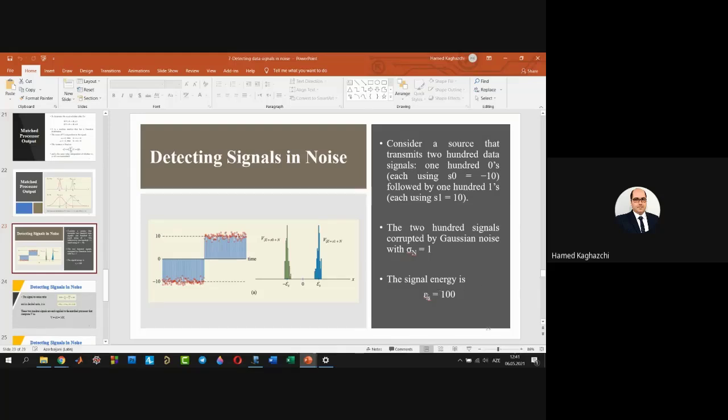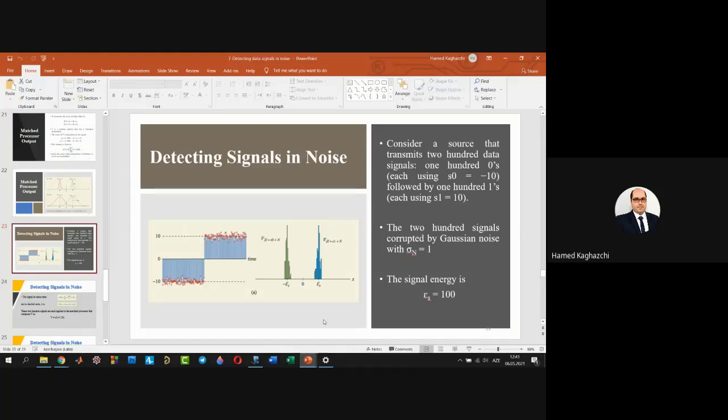So the energy of the signal is 100. We suppose that Gaussian noise is added to our signal, the Gaussian noise with the standard deviation of 1.